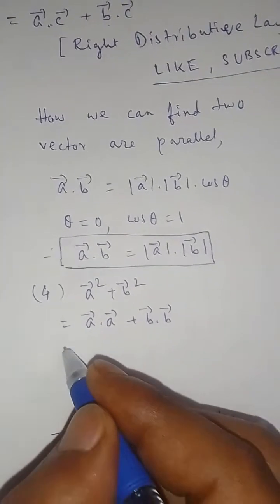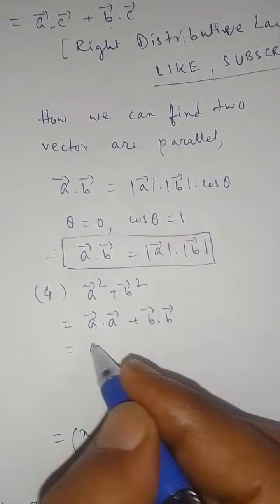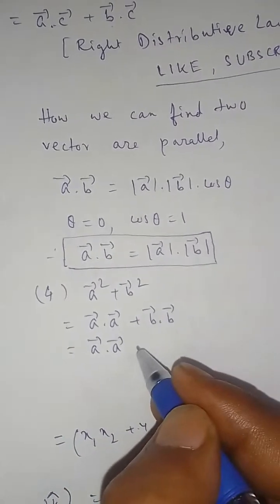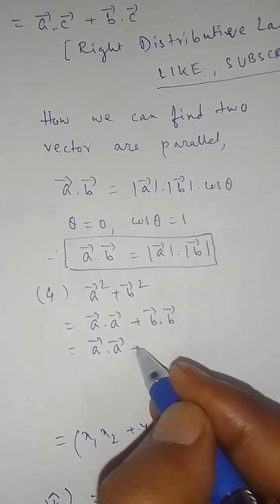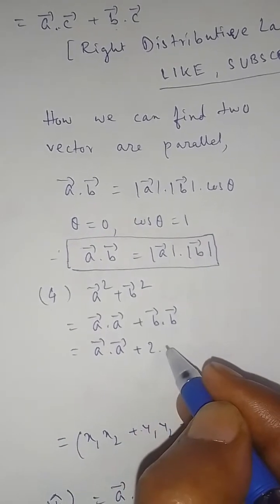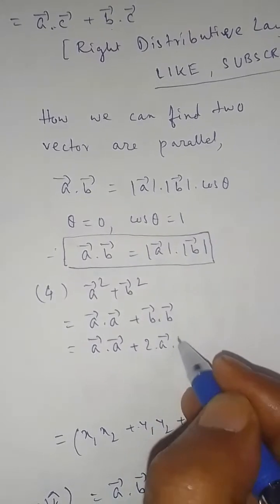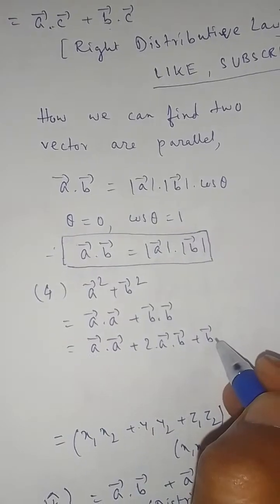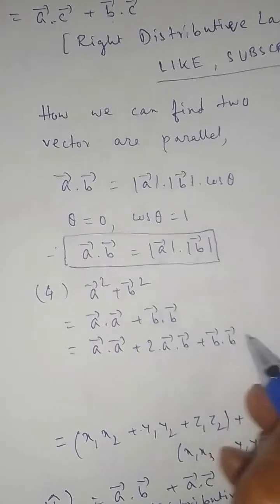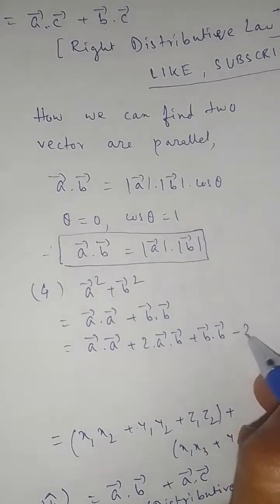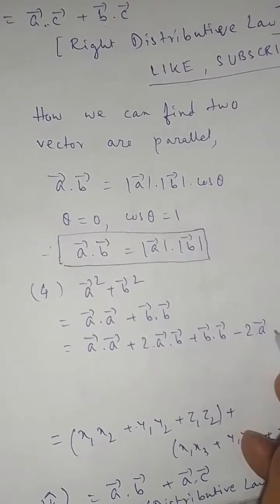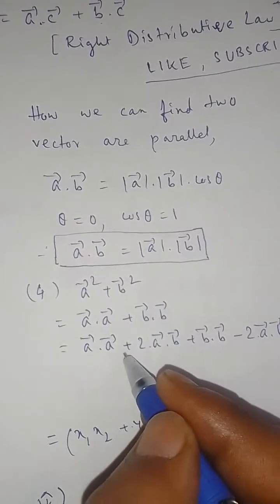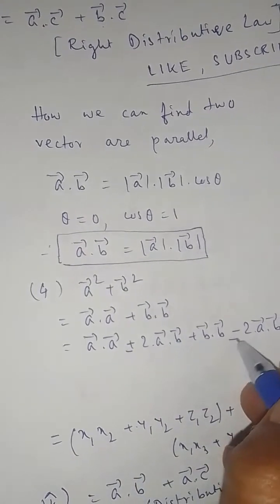We will take here a vector dot a vector plus 2 a vector dot b vector plus b vector dot b vector minus 2 into a vector dot b vector. So here you can take plus minus and minus plus.